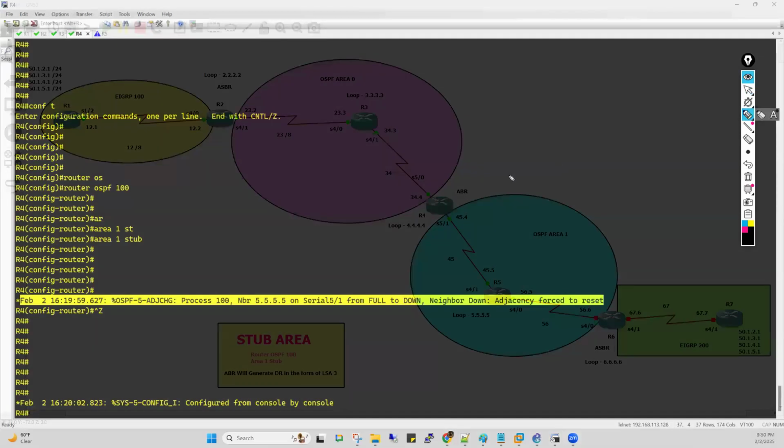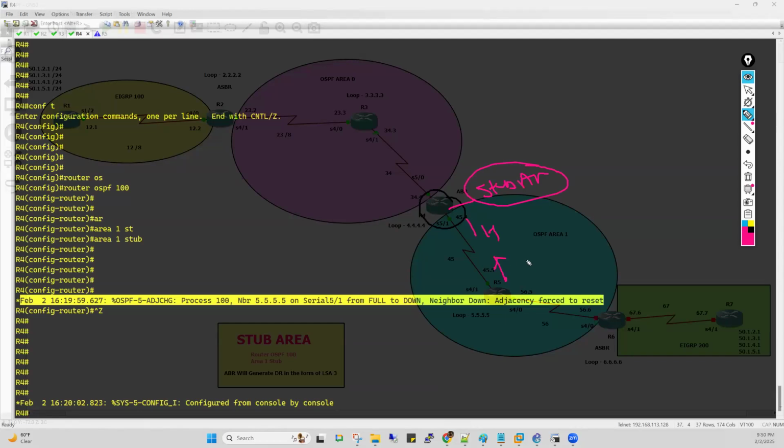Why? Try to understand. In the neighborship criteria, if you remember, I told you something about the stub field. Does anyone remember? No? I will tell you again. When I configure the stub area here, between both routers the neighborship is formed because of the hello packet.